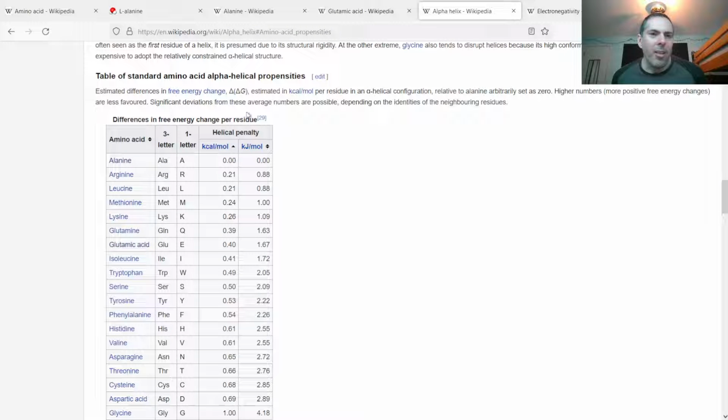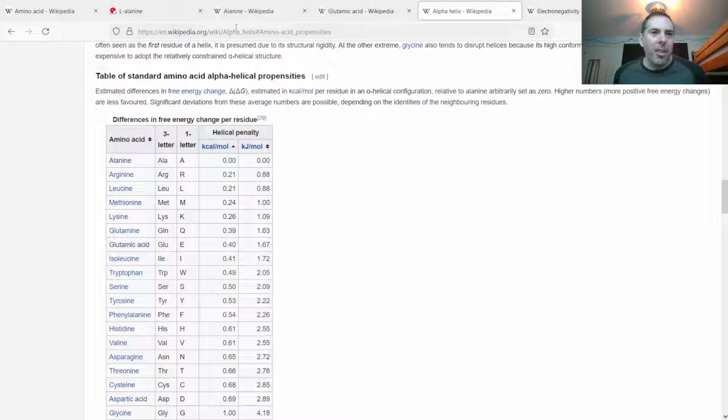And I think this might give a little bit of a picture. Alpha helices are a secondary structure of proteins. The primary structure of the protein is just the sequence of amino acids. Secondary structure starts to form into a shape, and you have alpha helices and beta sheets.